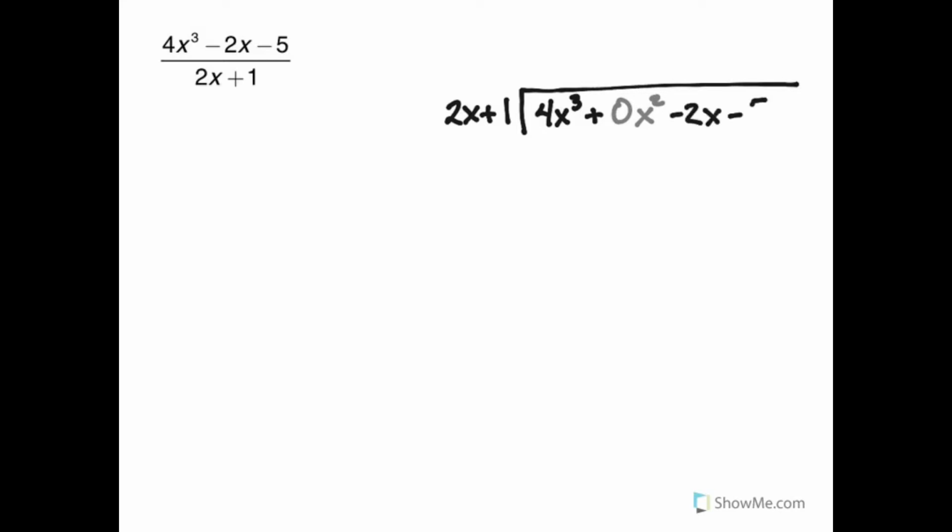Minus 2x minus 5. Well, my steps are divide, multiply, subtract, and bring down.